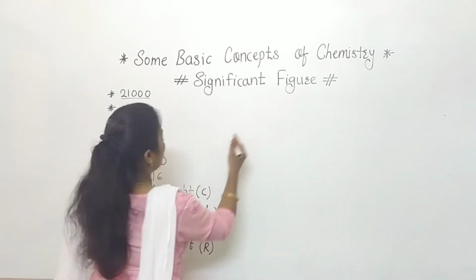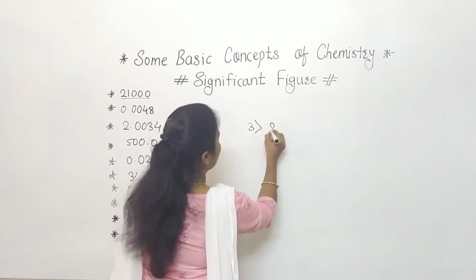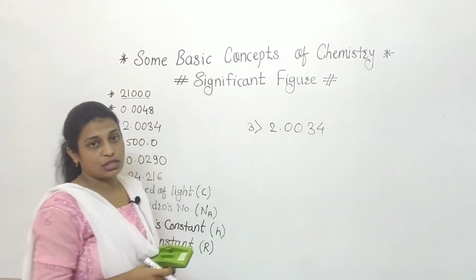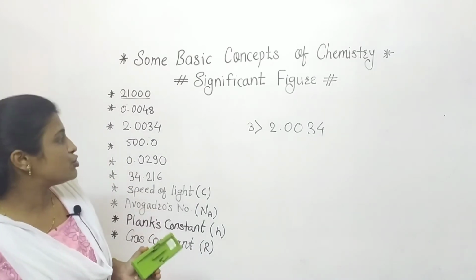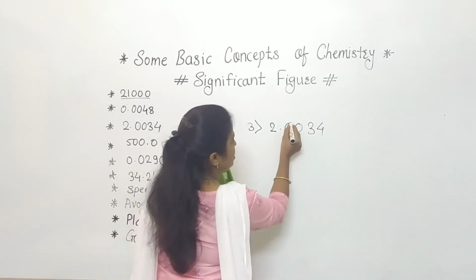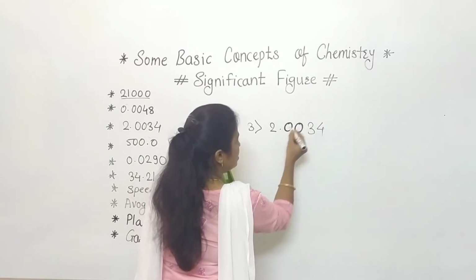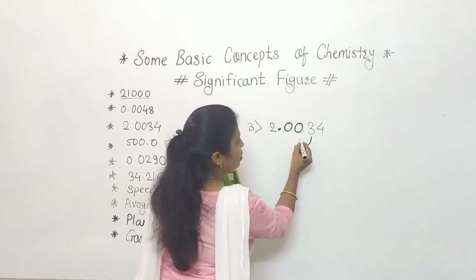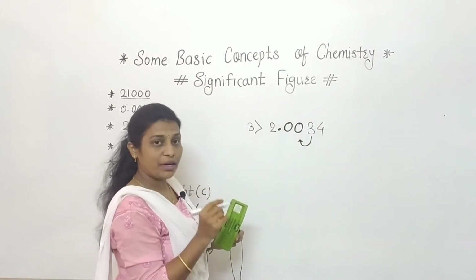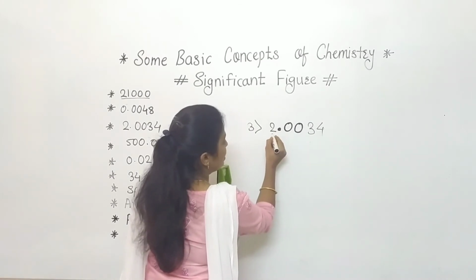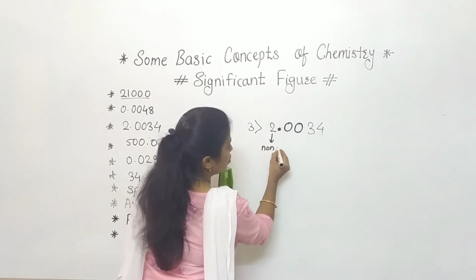Now see third example. Third example is 2.0034. अब यहाँ पे कौन सा रूल apply करना है? यहाँ पे जो रूल apply करना है वो है, if we consider these zeros are after decimal and before non-zero digit. But the main thing is that before that decimal, this is also a non-zero.